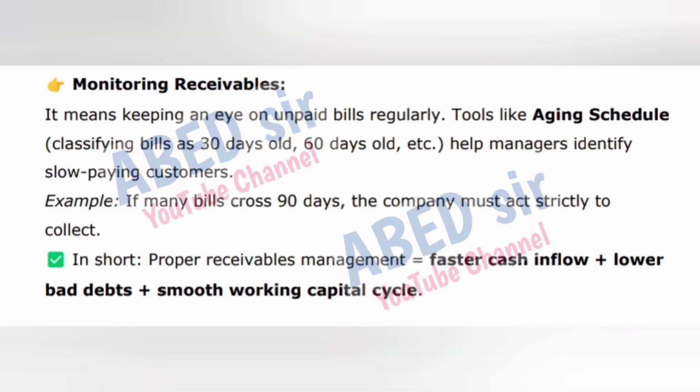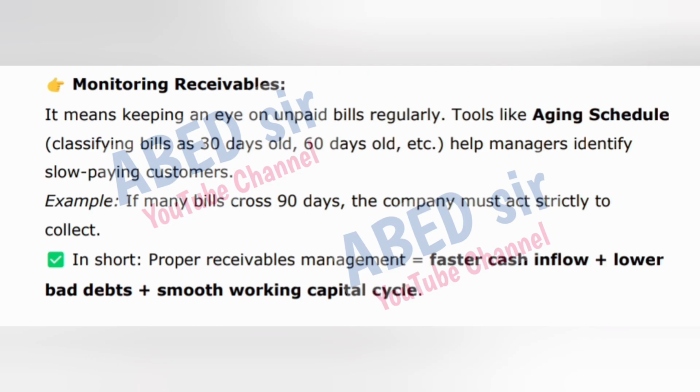Monitoring receivables. It means keeping an eye on unpaid bills regularly. Tools like aging schedule, classifying bills as 30 days old, 60 days old, etc., help managers identify slow-paying customers. Example, if many bills cross 90 days, the company must act strictly to collect.